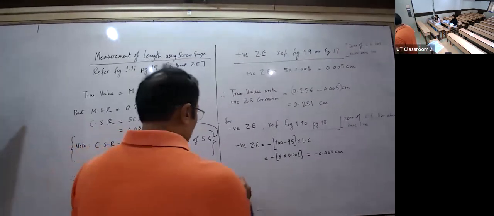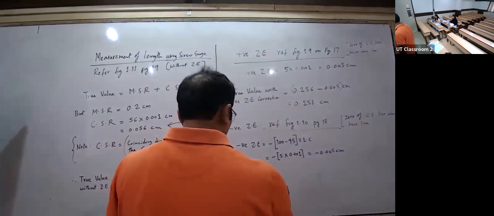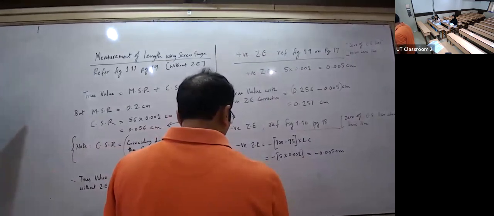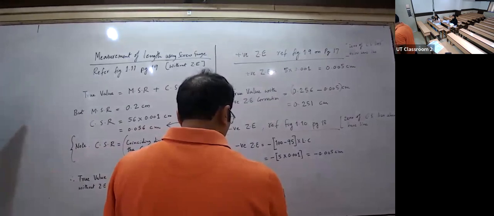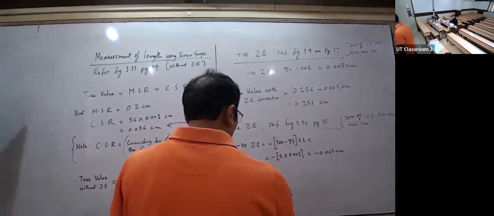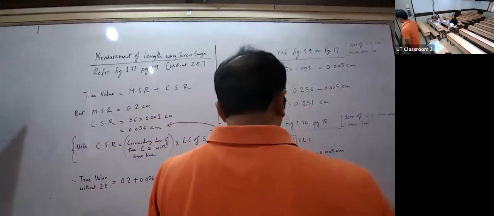So therefore, true value with negative zero error correction. How much will this be now?